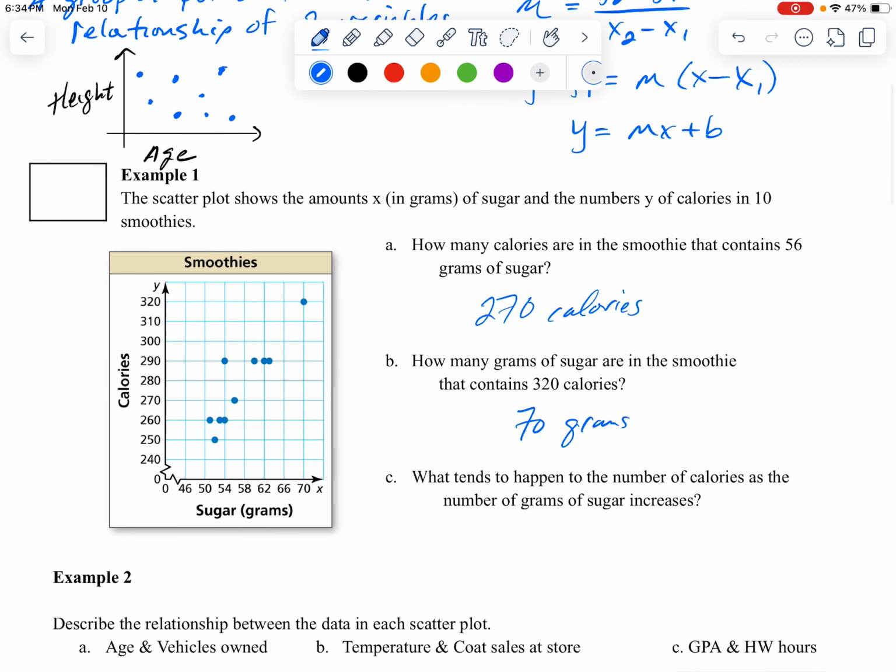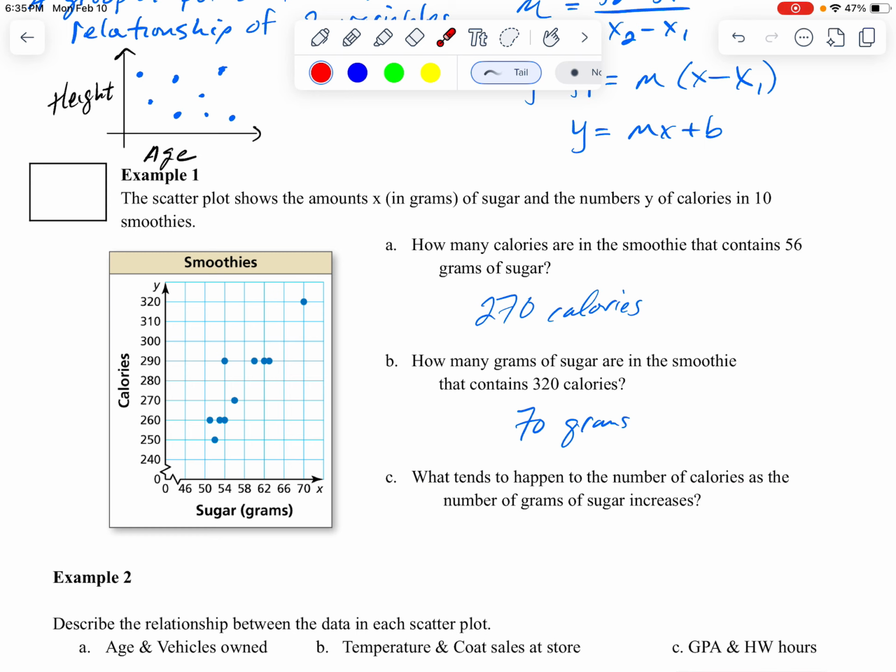And part C is asking about what tends to happen to the number of calories as the grams of sugar increase. So what that means is I want to look at the graph in this direction as sugar increases. As I look at points where the sugar is increasing, what tends to happen to the number of calories?